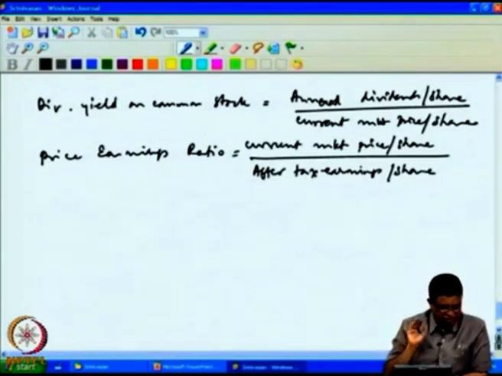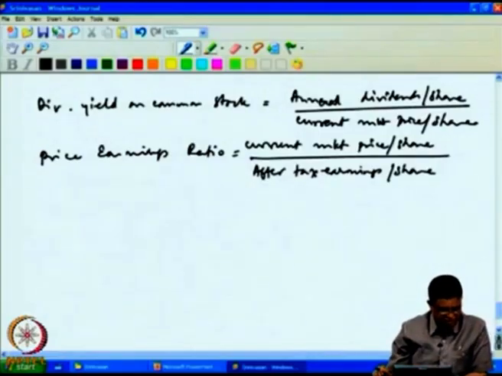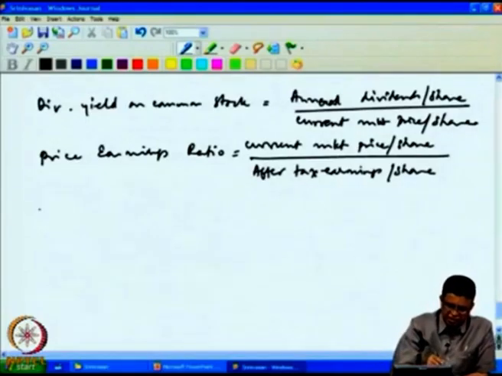So, faster growing or less risky firms tend to have higher price earnings ratios than do slower growing or more risky firms.